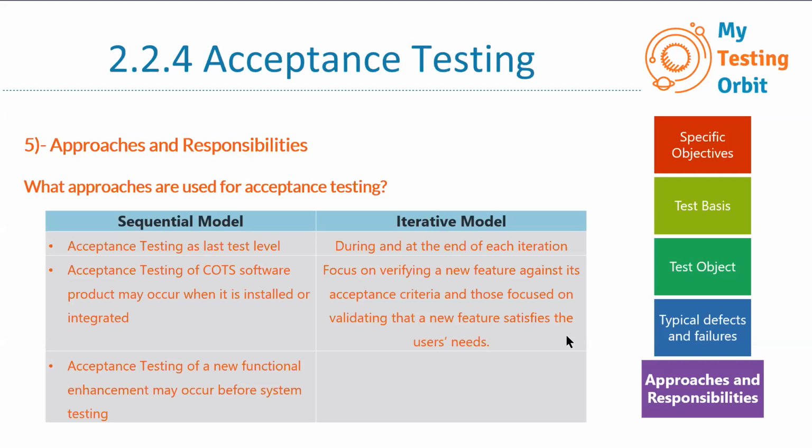Then comes the probability: what is the probability of that feature being used in production? For example, a feature may have a high impact, but maybe only a very small percentage of users will actually use it, which means one feature may be of high impact but at the same time of low probability.